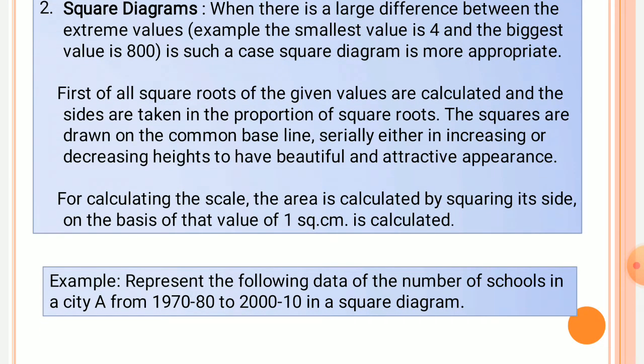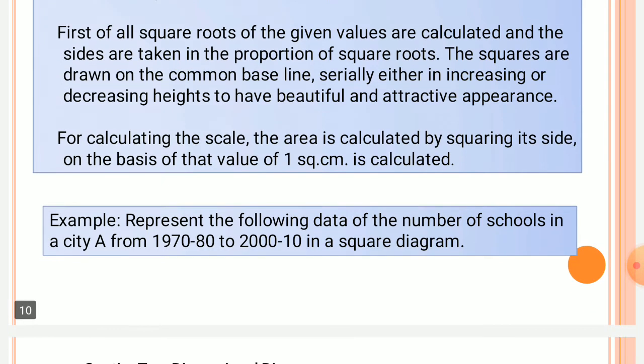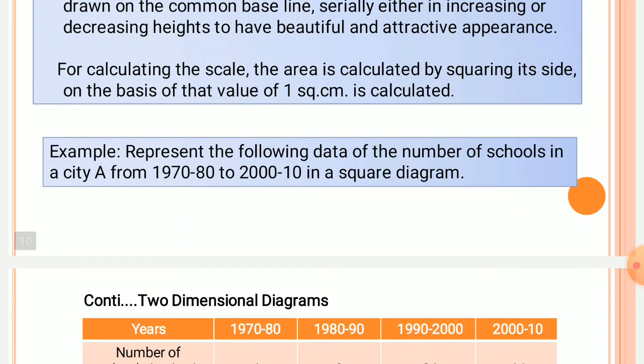The squares are drawn on a common baseline serially, either in increasing or decreasing heights, to have a beautiful and attractive appearance. For calculating the scale, the area is calculated by squaring its side, and on the basis of that the value of 1 square centimeter is calculated.